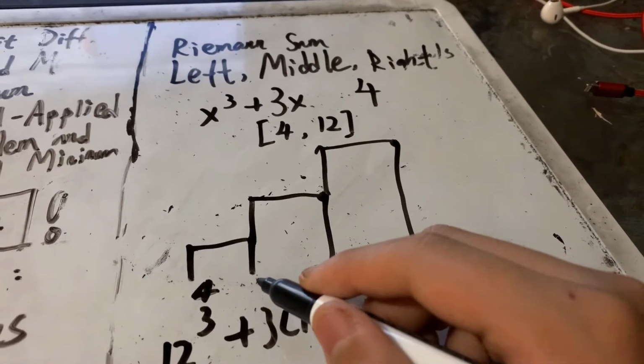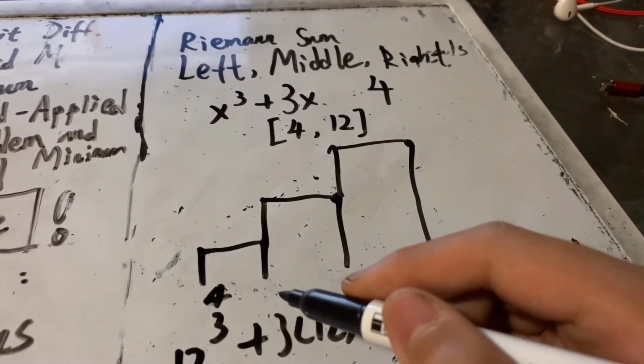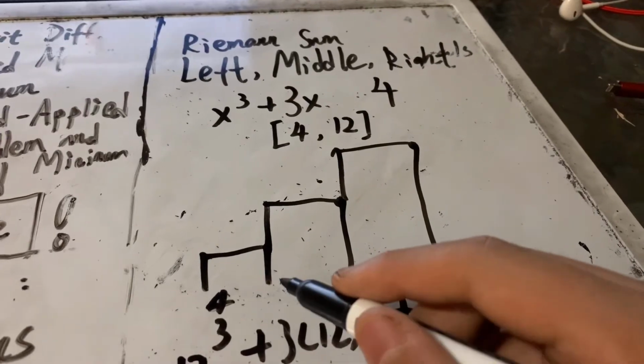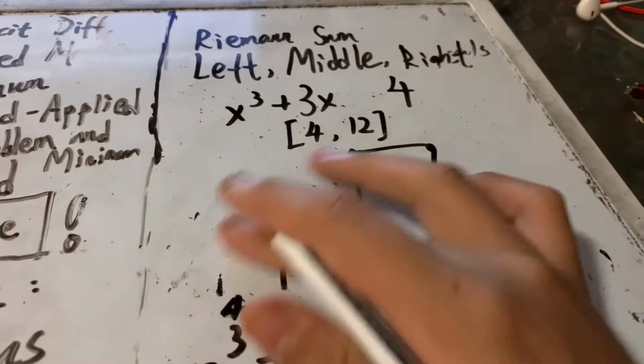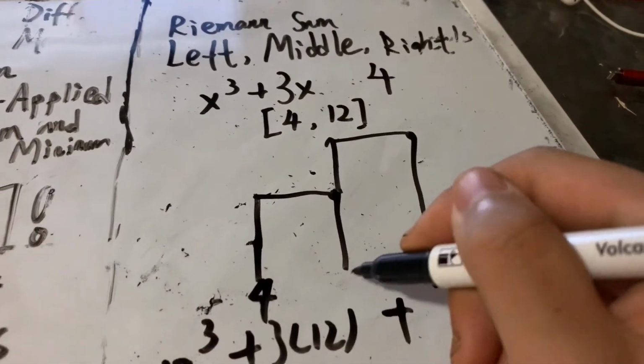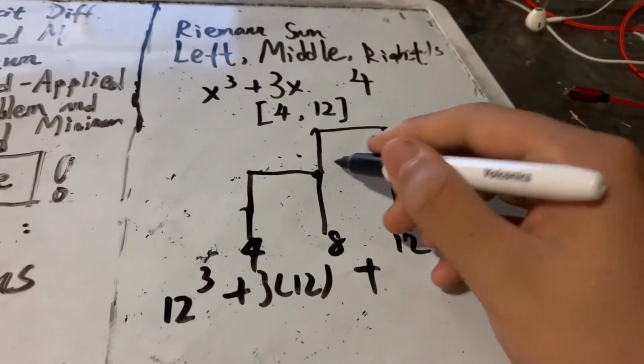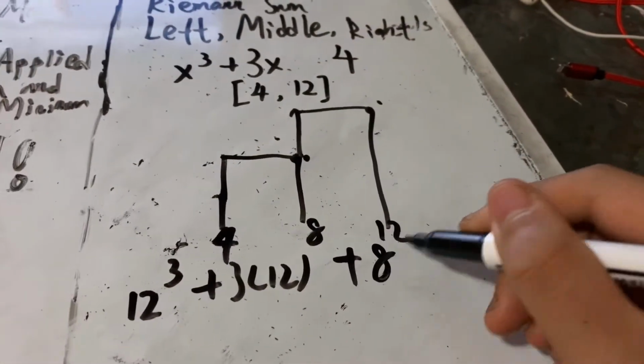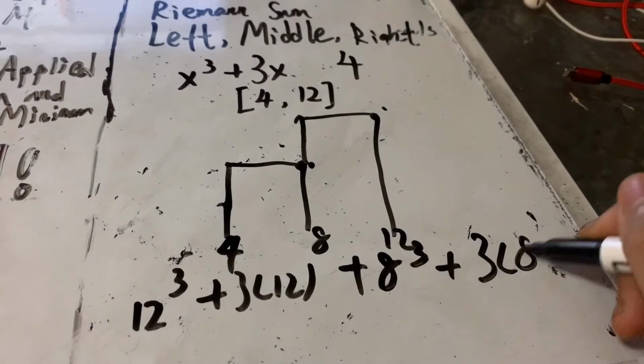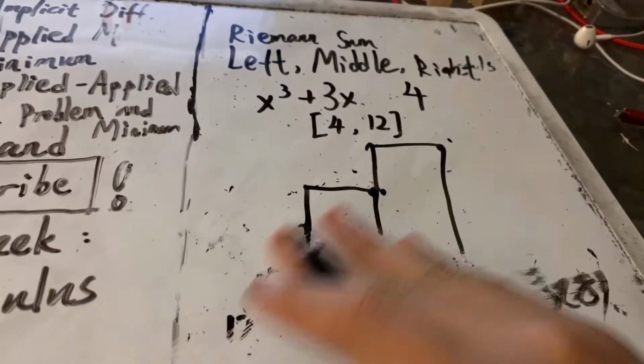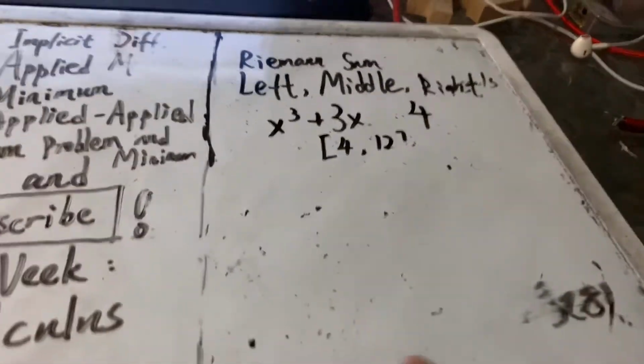Sorry, it should be like this. So you only need to calculate this and this: a squared plus 3/8. Done. So this is how the Riemann sum works.